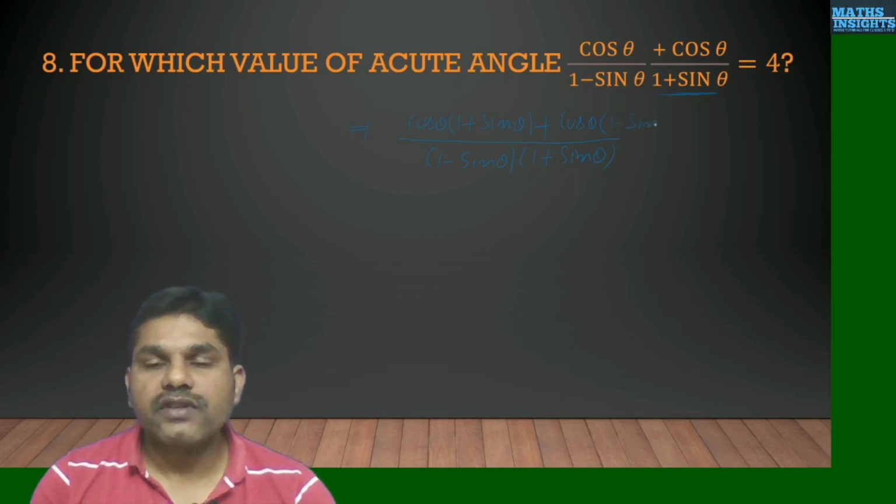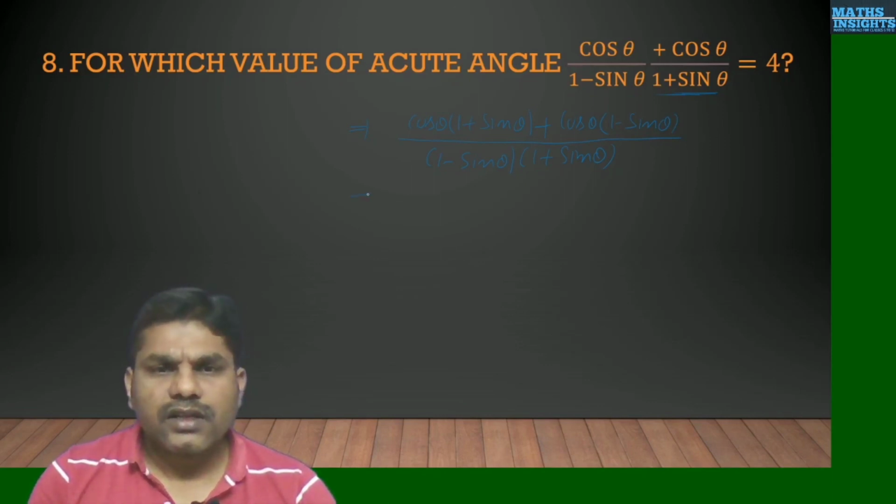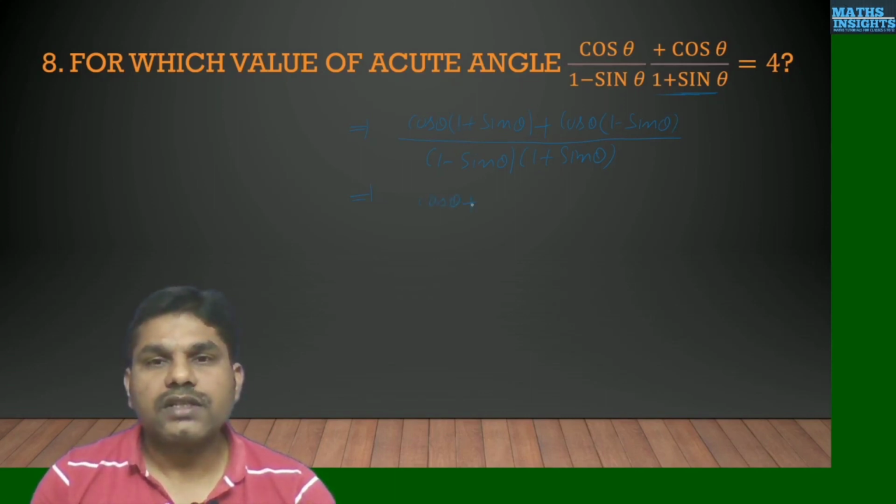So cos theta into 1 becomes cos theta plus cos theta into sin theta, plus cos theta into 1, cos theta, minus cos theta into sin theta.